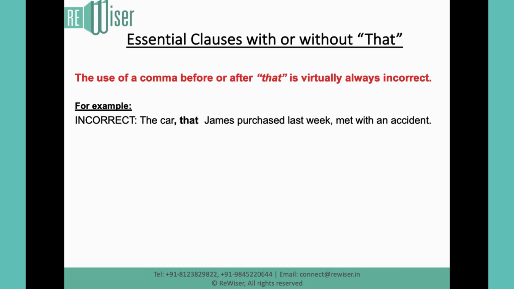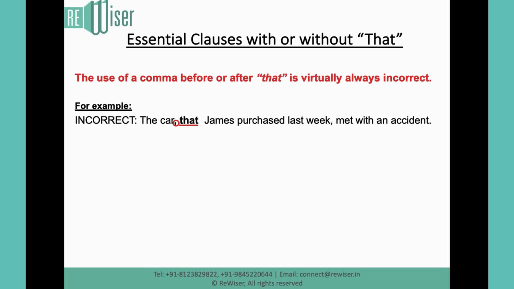Let's take an example to illustrate. The car that James purchased last week met with an accident. We just saw that we can't put the comma between car and that, and the other comma, because this is not non-essential. It is because it's essential that we've used the word that, and the 2 commas are not allowed. So that comma is not allowed, and of course the other comma is not allowed. Just remember that.